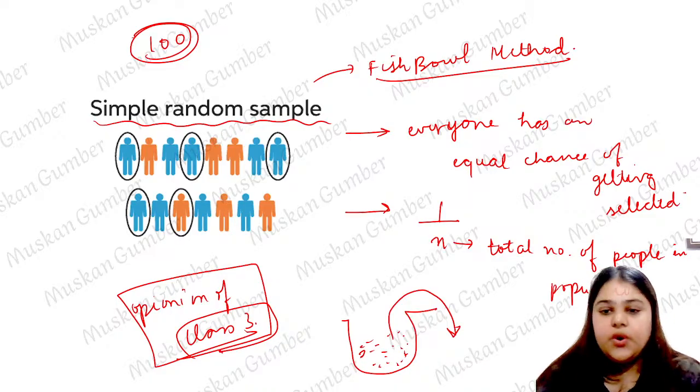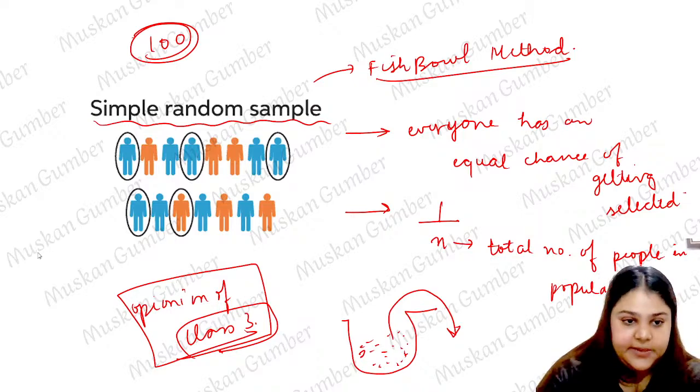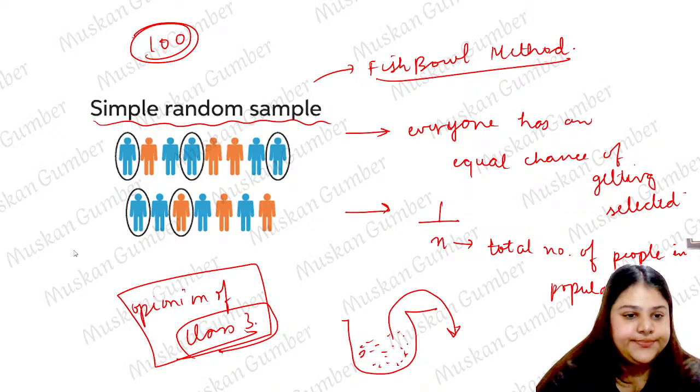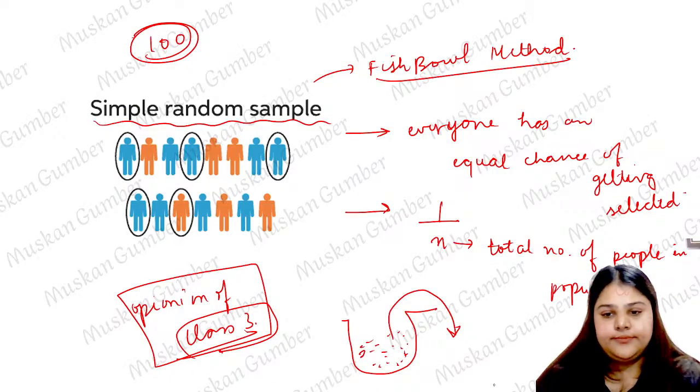Okay, moving ahead. Now there can be two types of simple random sampling. Let me add one slide to elaborate upon that. All right.